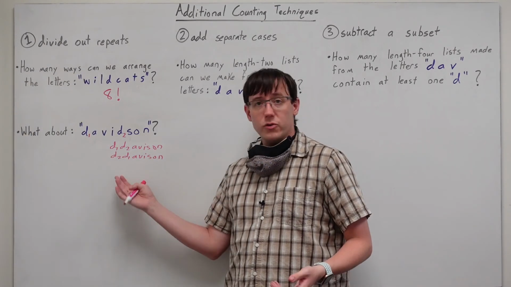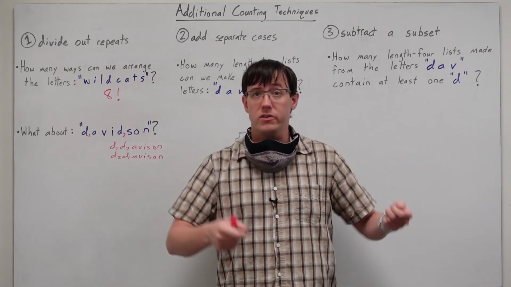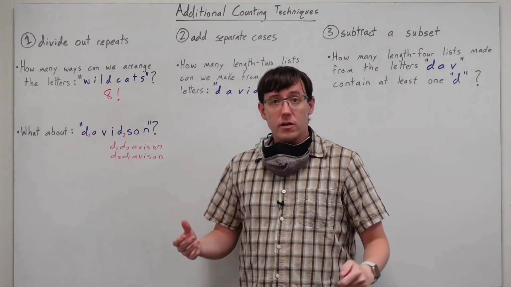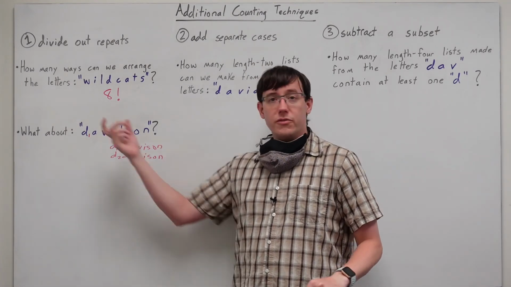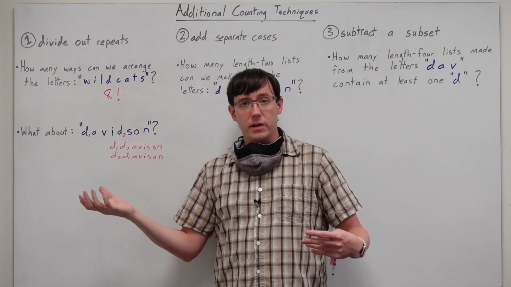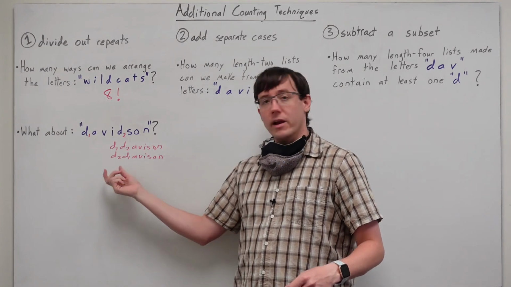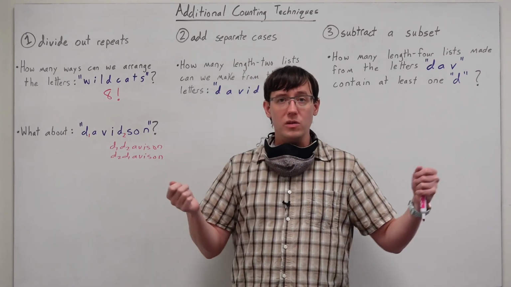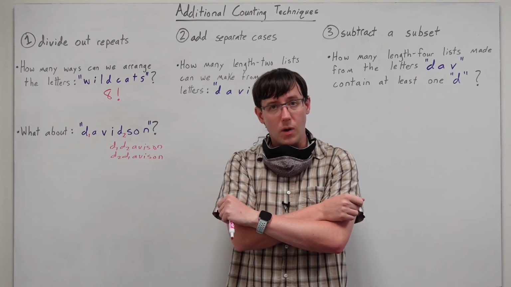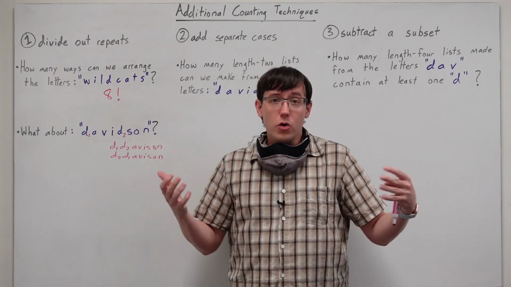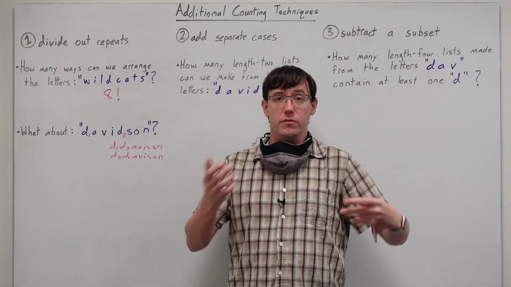But these aren't actually distinct orderings of the original letters. And in fact, for any of the 8 factorial arrangements, there is a pair like this, where the only difference is that D1 and D2 have been swapped, so we have overcounted by a factor of 2.